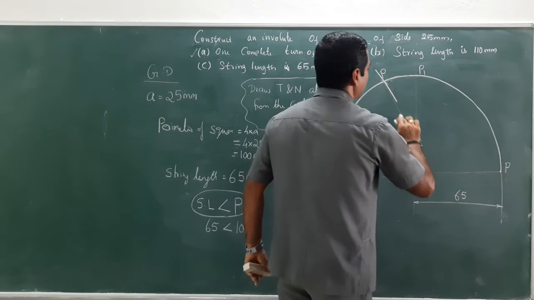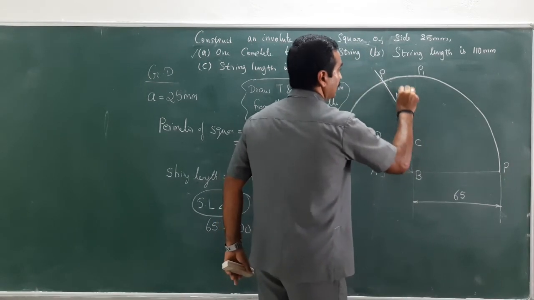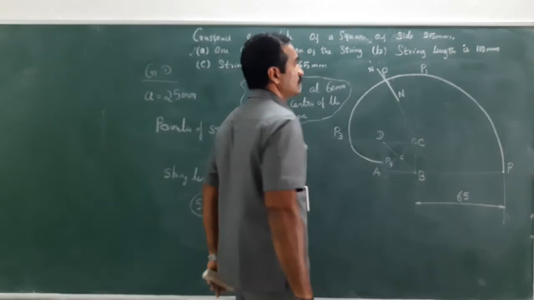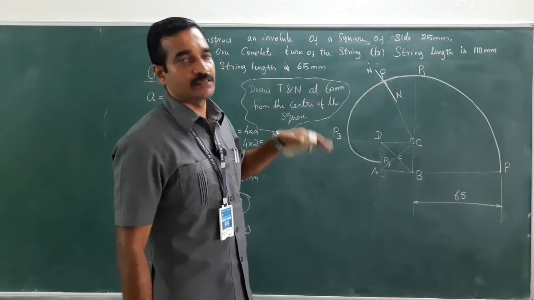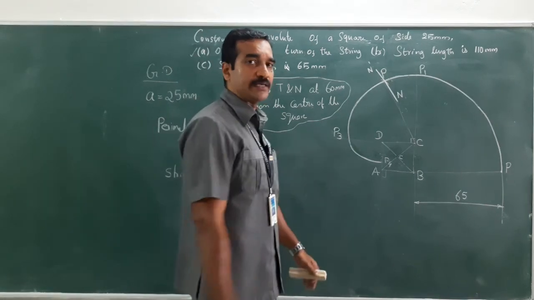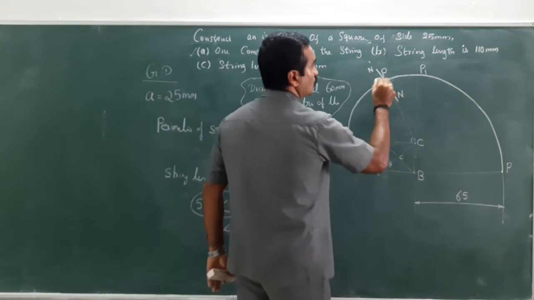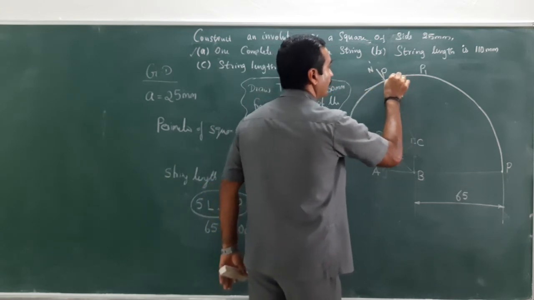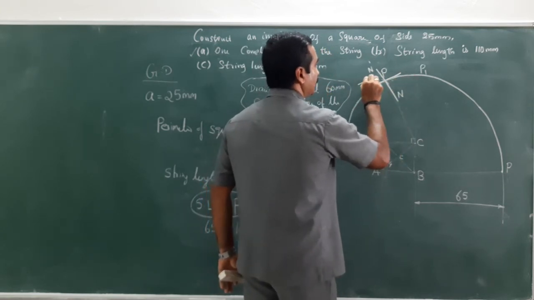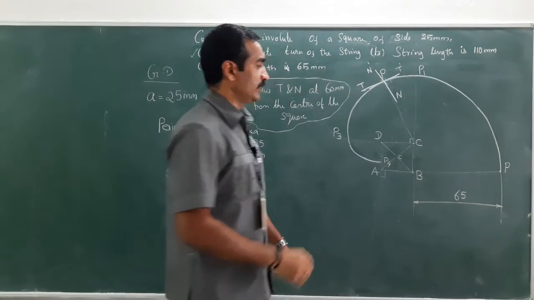This is nothing but the normal. The line which meets any point of the profile from its center is the normal. Then what about the tangent? For the tangent, keep your protractor in this manner, choose 90 degrees and draw a line. And this could be T dash, which should be at 90 degrees.